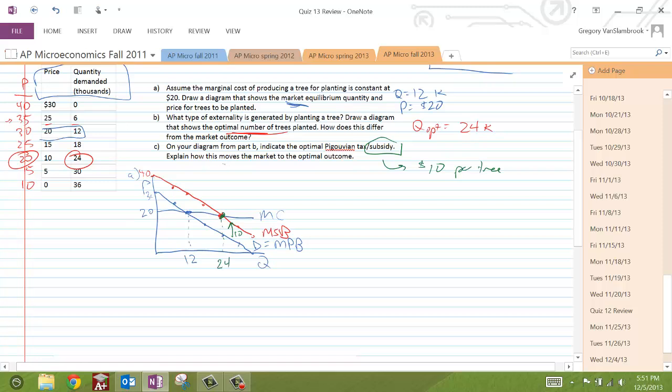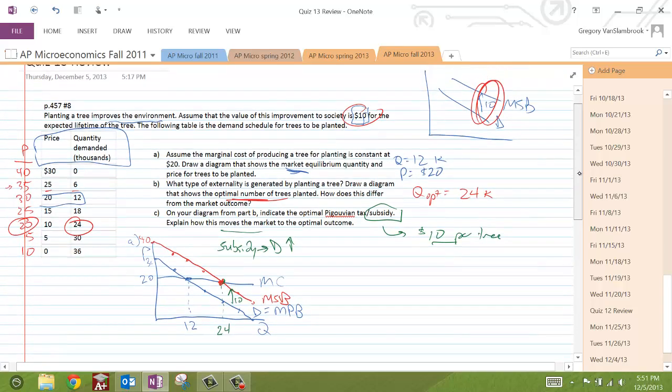So it moves the market by shifting demand up; the subsidy increases demand. And if you do the subsidy in the amount of $10, it increases demand by exactly $10 per unit, which gets you to the optimal quantity.